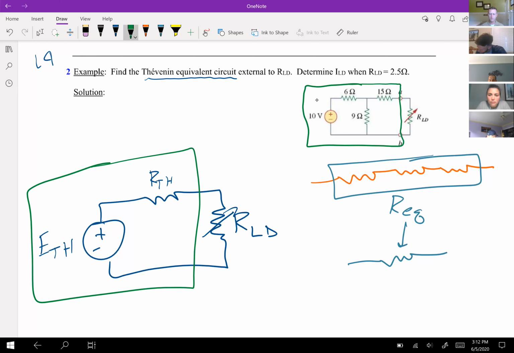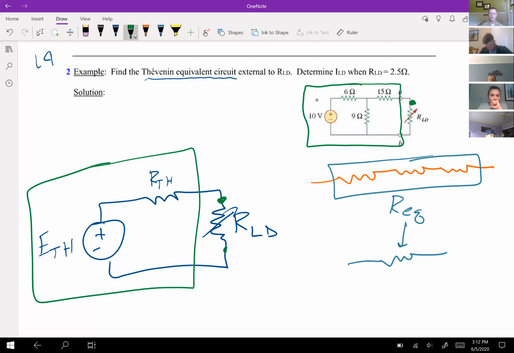From the perspective of this variable load resistor, from this point to this point, he can't tell the difference. Imagine you're the resistor sitting inside the wire and you see electrons flowing at you. You can't tell what's producing the electrons. All you know is they're coming at you at a certain rate, and across you is some voltage drop, A to B. You don't know what is creating that.